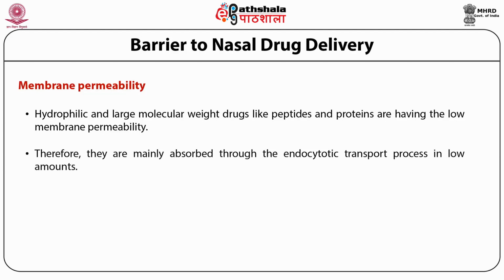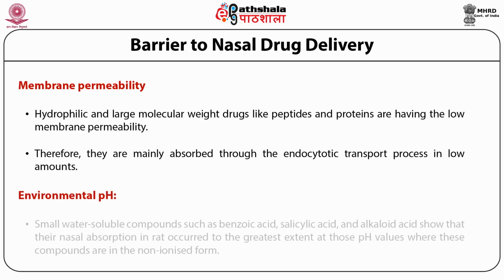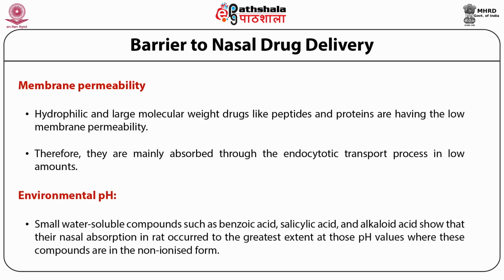Therefore, they are mainly absorbed through the endocytotic transport process in very low amounts. The second barrier is the environmental pH barrier. Small water-soluble compounds such as benzoic acid, salicylic acid, and alkaloid acid show that their nasal absorption in rat occurred to the greatest extent at those pH values where these compounds are in the non-ionized form.